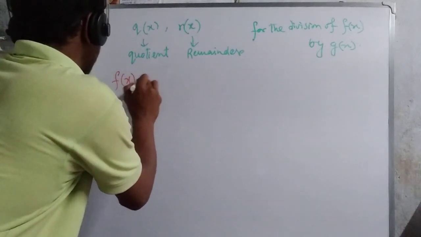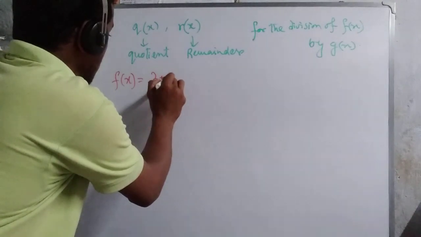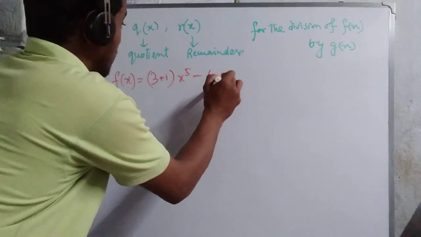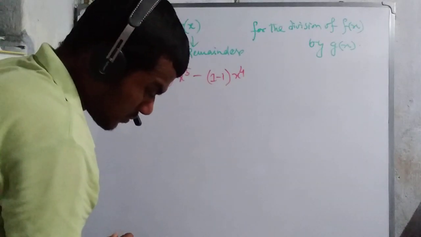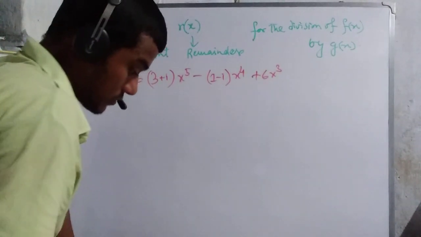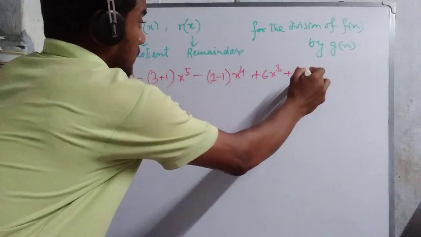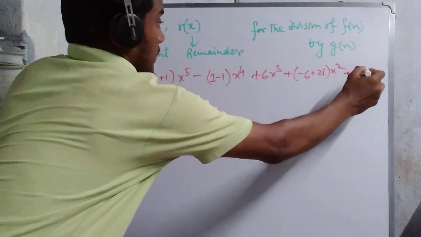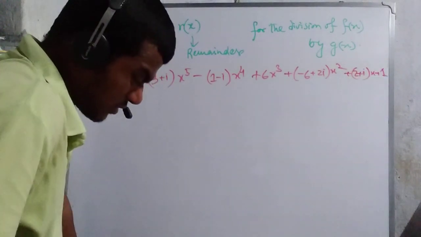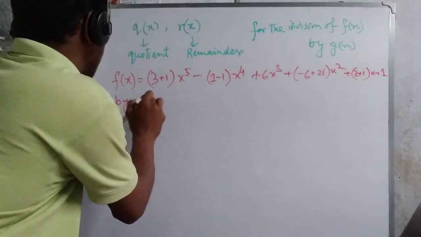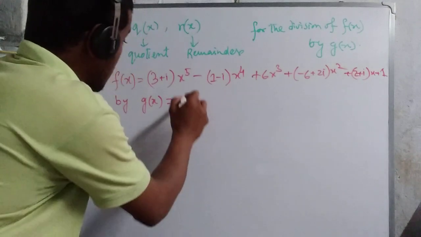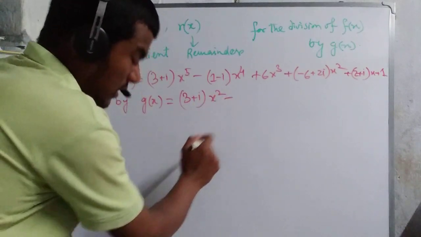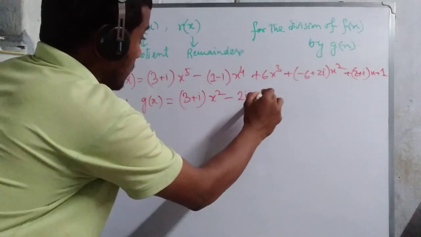Let f(x) equal to (3 plus i) x to the power 5, minus (1 minus i) x to the power 4, plus 6x cubed, plus (minus 6 plus 2i) x squared, plus (2 plus i) x, plus 1, and g(x) equal to (3 plus i) x squared, minus 2i x, plus 4.